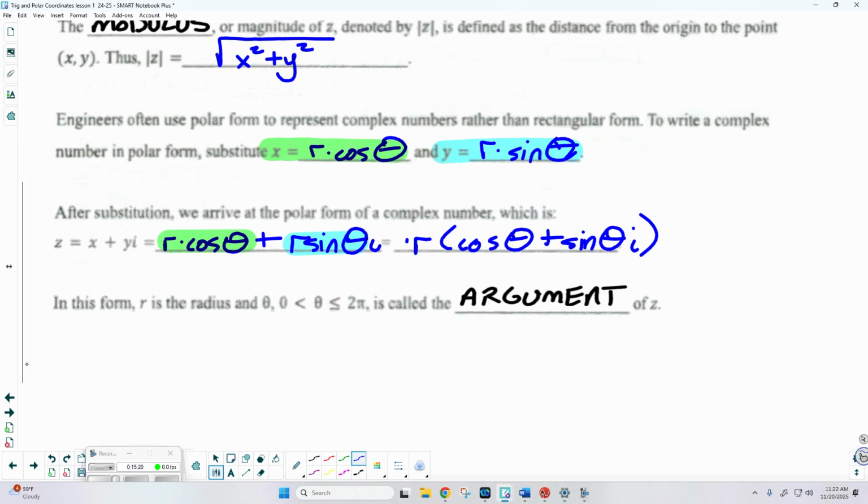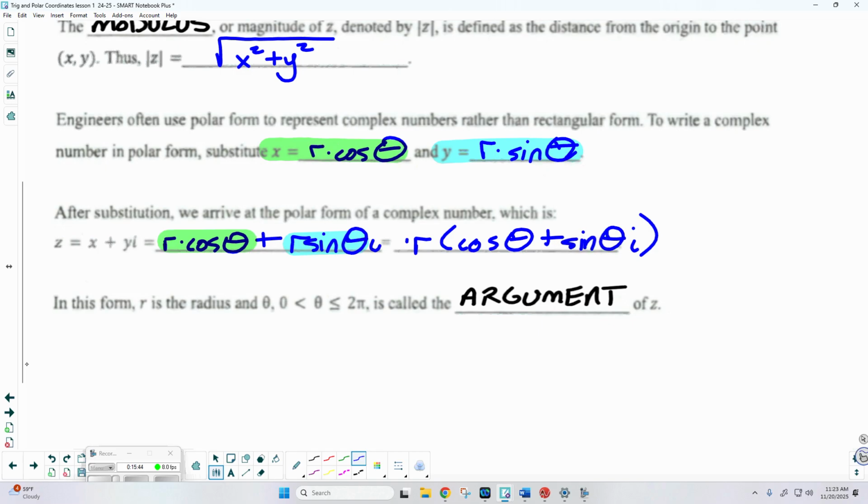Now, engineers often use polar form to represent complex numbers rather than rectangular form. So to write a complex number in polar form, we're going to use these identities that we're already familiar with. x equals the radius times cosine of theta, and y equals the radius times sine of theta. After substitution, we arrive at the polar form of a complex number.